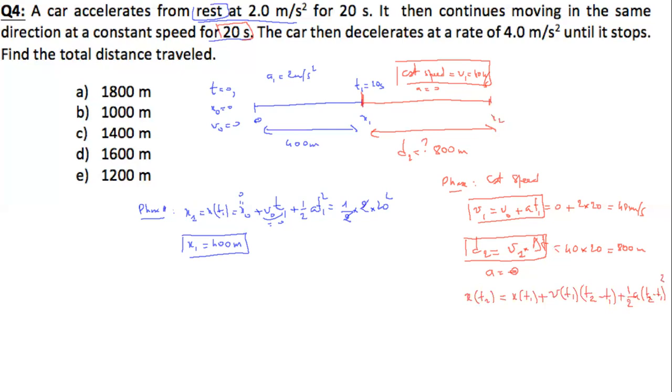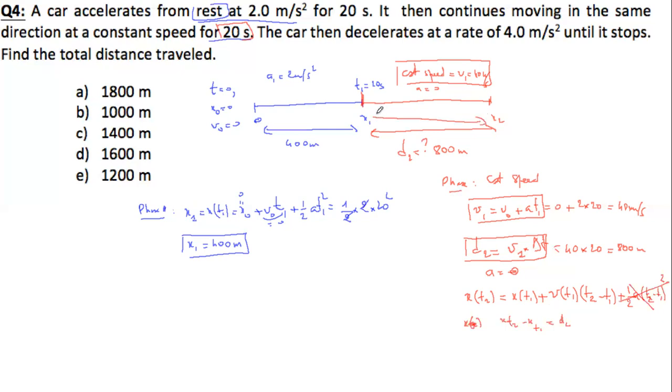But acceleration is 0, so I can forget about this part. So here I will say that x at t2 minus x at t1, which is the distance that I want, d2, which is this distance here.